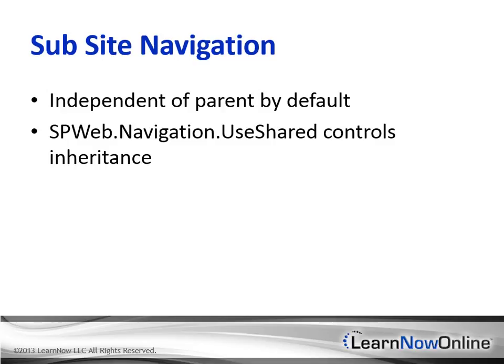To do this, you just need to use the spweb.navigation.useShared property. You set that to true, and that will make your subsite use the same top link bar. So what we're going to do now is programmatically create a subsite and demonstrate how we can have shared navigation.